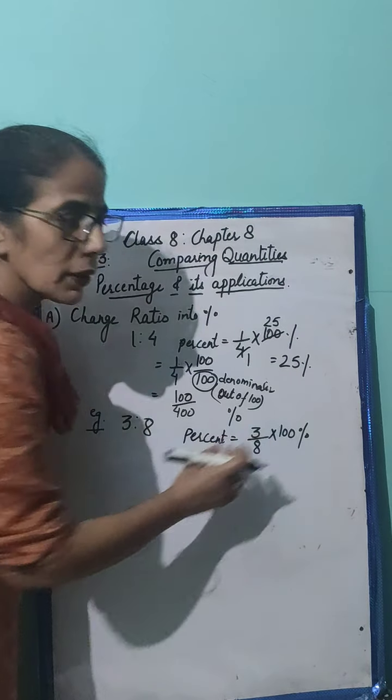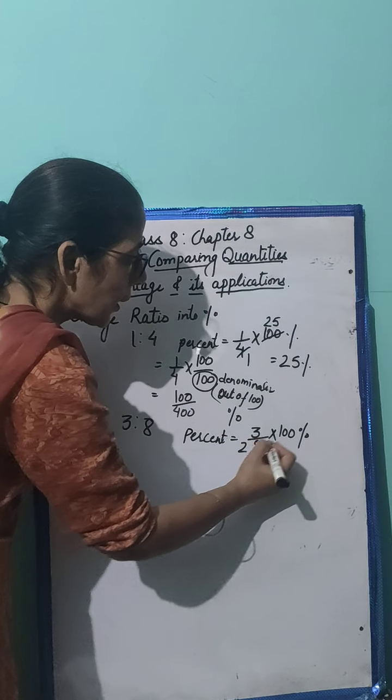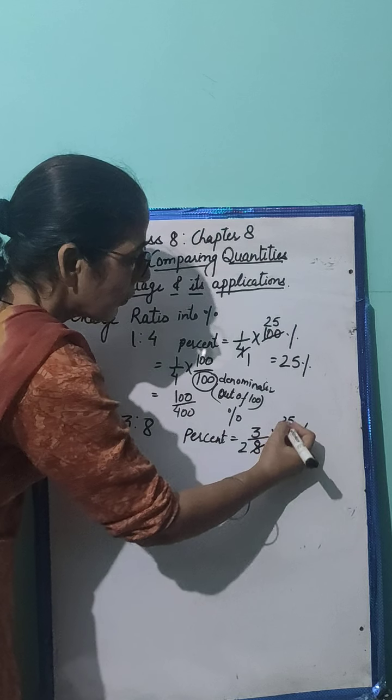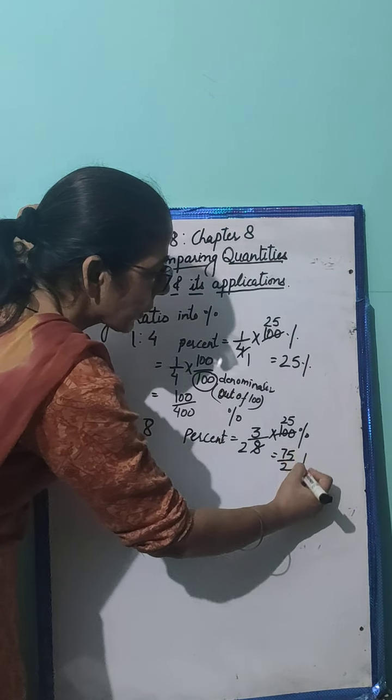Sign of percent means out of 100. 4 twos are 8, 4 twenty-fives are 100, 25 threes are 75 upon 2%.